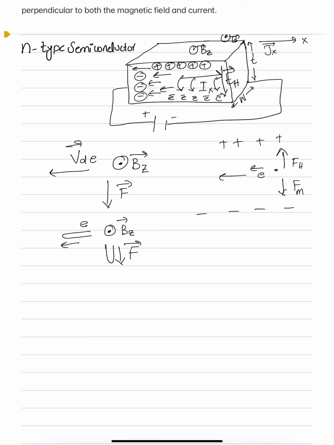So I can write it in this way: Fm is equal to Fh.